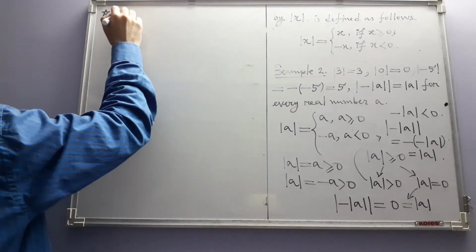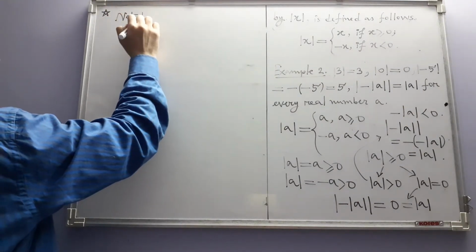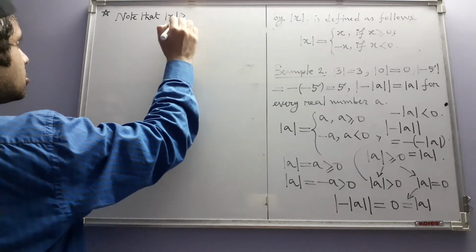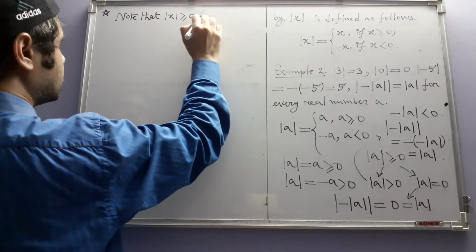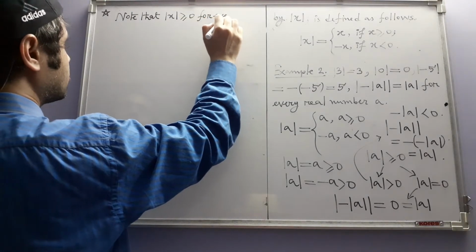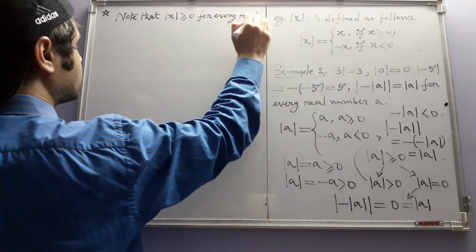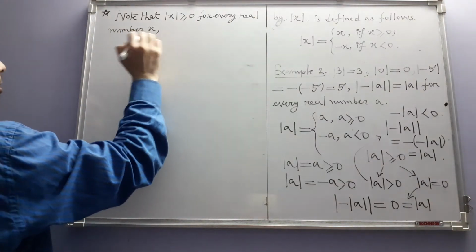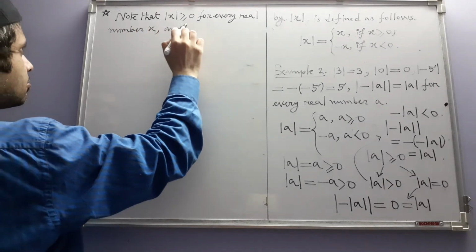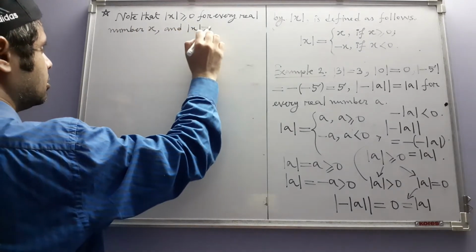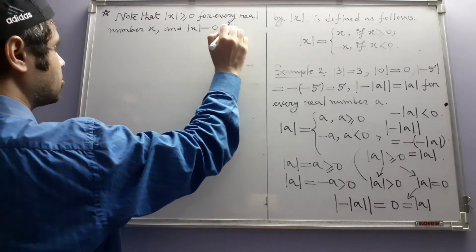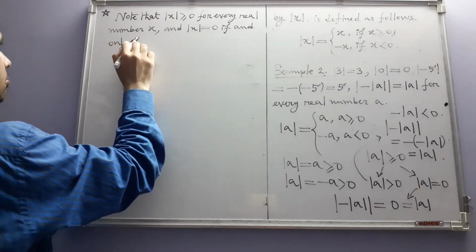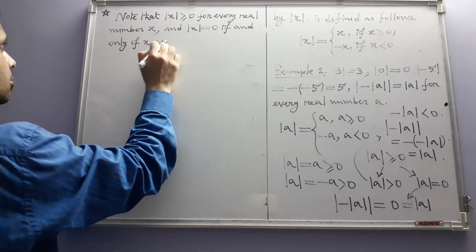Note that this is greater than or equal to 0 for every real number x, and this is equal to 0 if and only if x is equal to 0.